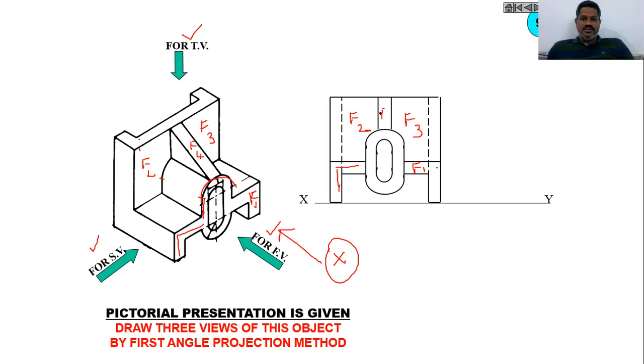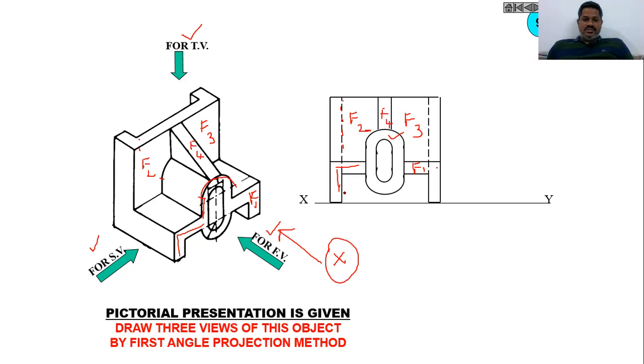I also said you will find two dotted lines here because these you cannot observe. On the back side of this component you have the edges. Those edges you will find as dotted lines when you see from the top like this. This is exactly the front view of this component. And similarly you have a shape here, and this shape also you can see.